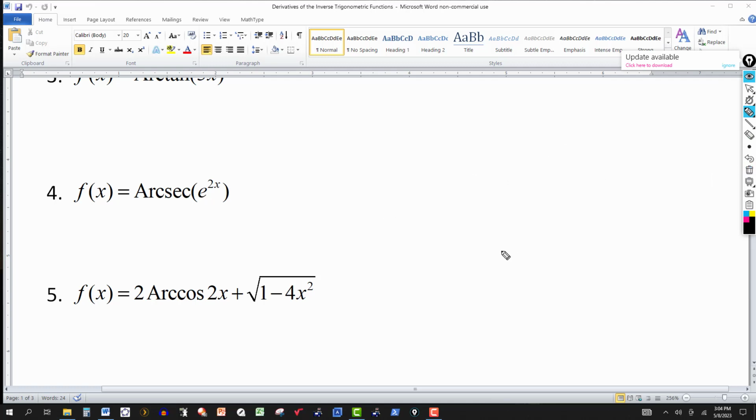And then at number 5, all they did here was they put 2 separate expressions together. So here they have the arc cosine, and then here they have a regular radical expression. So the derivative, just take the derivative of the first one, that's an arc cosine. So that's just 1 on top, it has a 2 there, so you just put the 2 there.